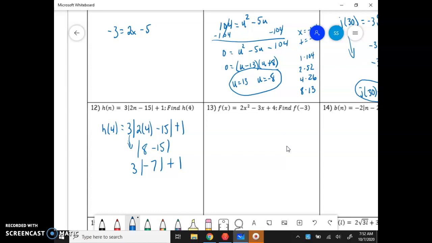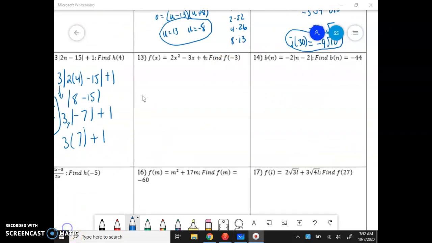Absolute value is always positive, so this is positive 7. Remember, there's no symbol in between here, right? So that means this is multiplication, so I'm going to remind myself that we need to multiply. And finally, we're going to get 3 times 7 plus 1. That's going to equal 22. So we're going to get the h of 4 is equal to 22.